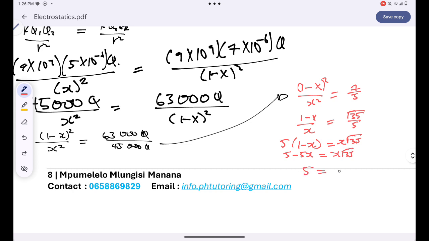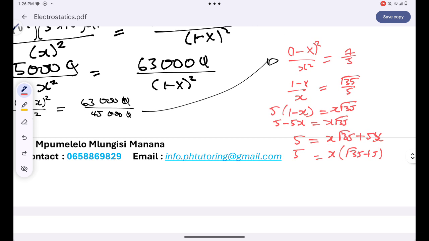I have 5 being equal to x times the square root of 35 plus 5x. Whenever I take this to the other side, it will change the sign. Then I can take out the common factor on the right hand side. That's x, the square root of 35 plus 5. Divide both sides by the square root of 35 plus 5. Therefore, x will simply be 5 all over the square root of 35 plus 5.